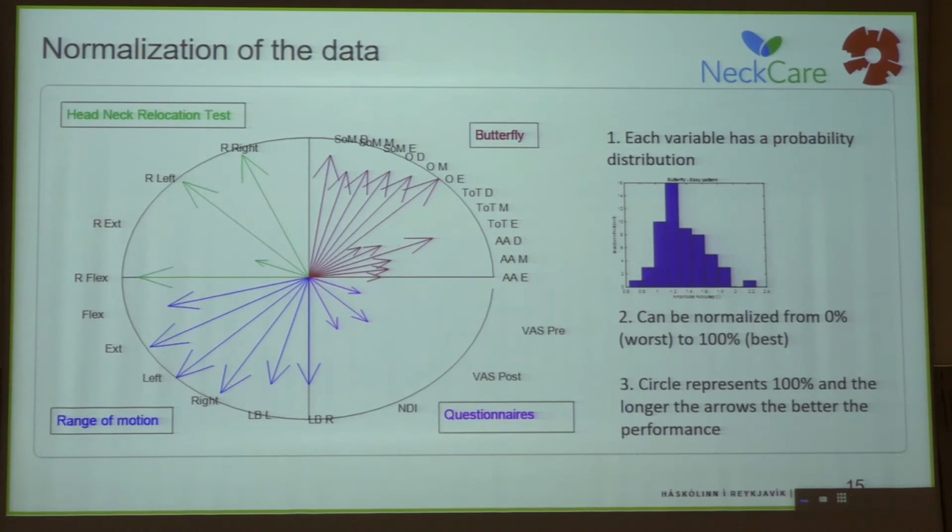And also to normalize it, because each variable does have a probability distribution. So we can normalize, so that if the circle represents the best possible result, the longer the arrow, the better you perform on that particular test.